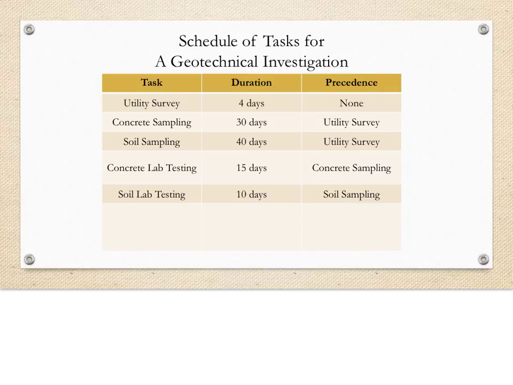Again, since there is no dependency between the concrete lab testing and the soil lab testing, we can assume these two tasks can be done at the same time. Finally, after all of the data has been collected from the sampling and testing, we can write the geotechnical report for the client. This should take us 3 days to complete.